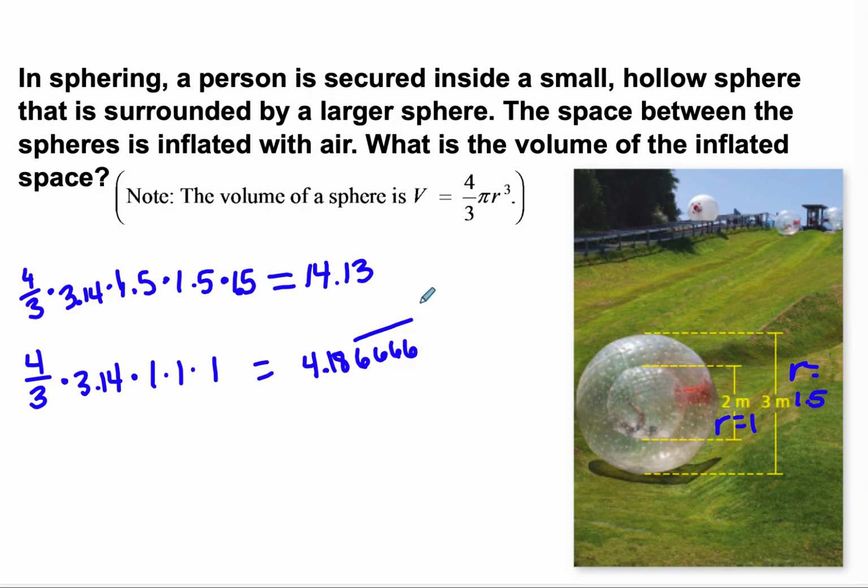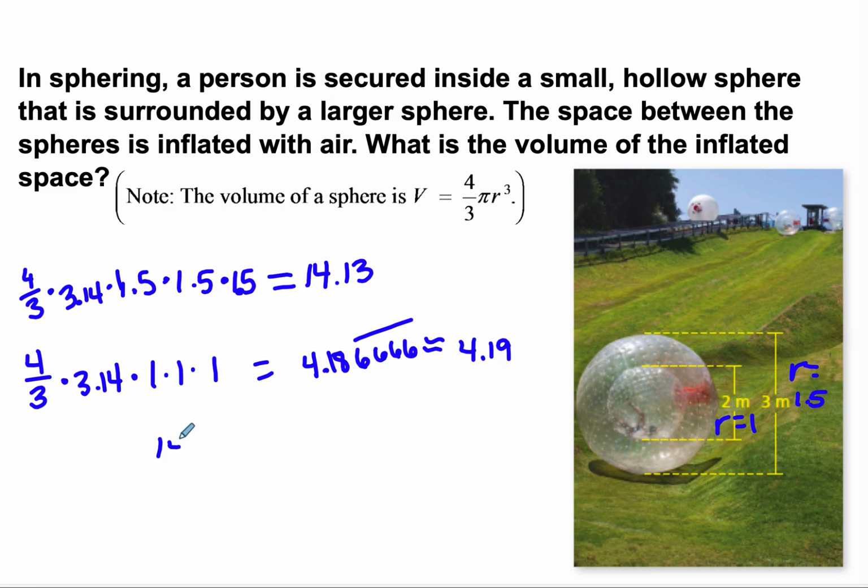Okay, so now to get my answer, I'm going to need to subtract my values. Now I have a repeating decimal here, so I think I'm just going to round to the nearest hundredth. I know my answer is going to be a little bit different than the exact answer, but I knew that already because I've got 3.14. Let's see, does it tell me how to round my final answer? No, it does not. Okay, so I'm going to call this 4 and 19 hundredths.